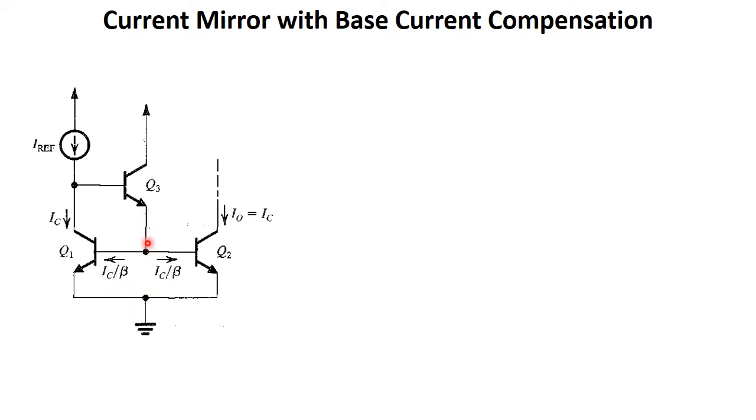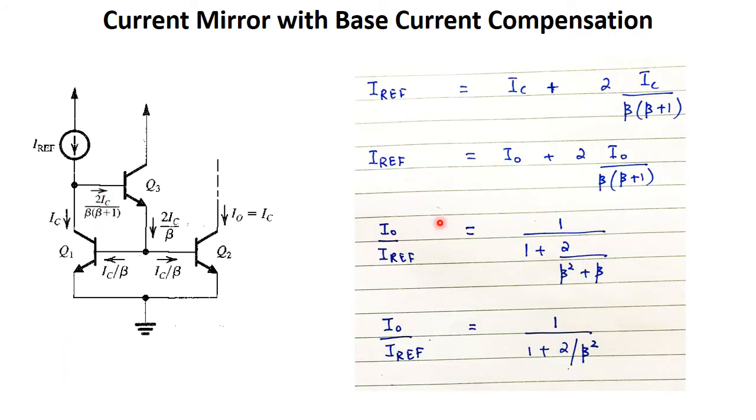Current flowing from this branch will be 2IC by beta, and because this current is the emitter current of Q3, if we divide it with beta plus 1 we can get the base current over here. So this current divided by beta plus 1 gives us the base current of Q3, which is 2IC by beta into beta plus 1.